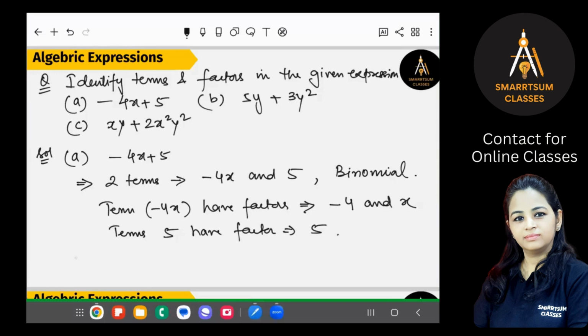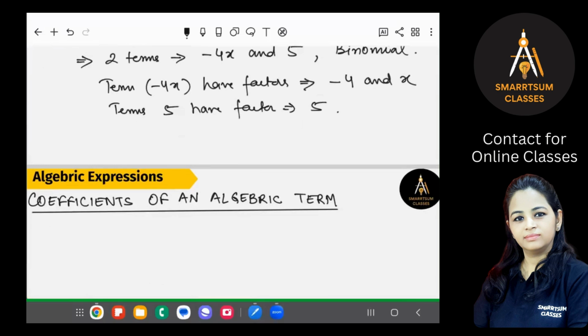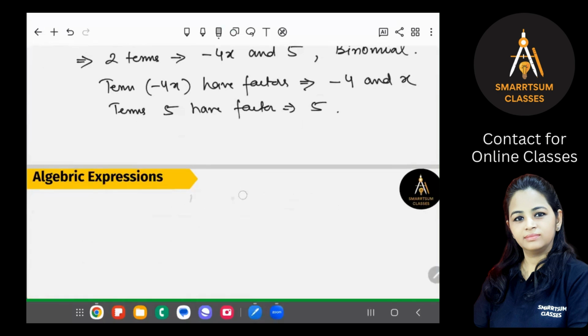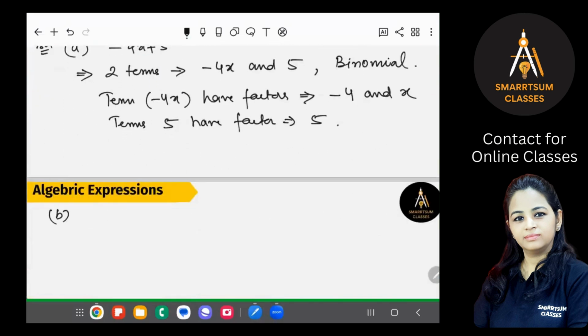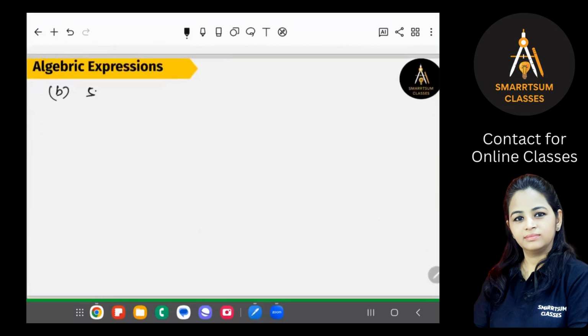Similarly, you can see B, which is 5y plus 3y square. So how many terms are there? 2 terms.